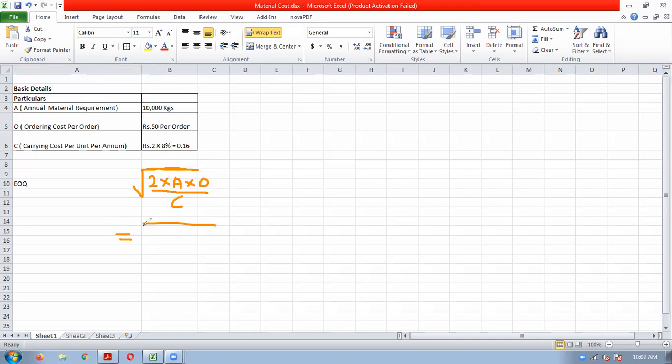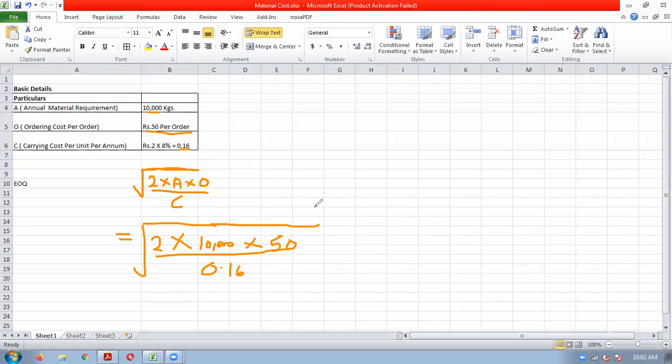So square root of 2 into, what is the annual requirement? 10,000. Into ordering cost is 50 per order, divided by carrying cost is 0.16.